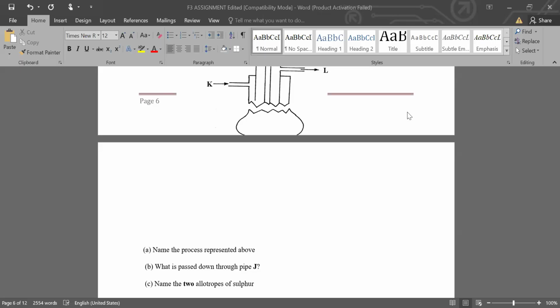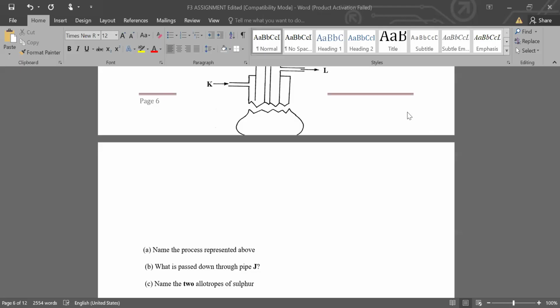As we also think about other allotropes that we have come across, there are diamond and graphite, which are allotropes of carbon. They are also pure forms of carbon, and they are crystalline.